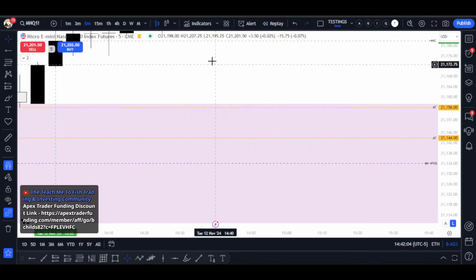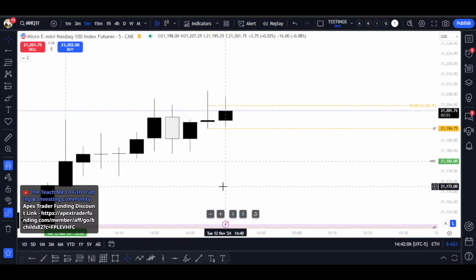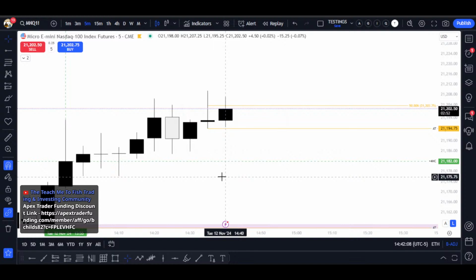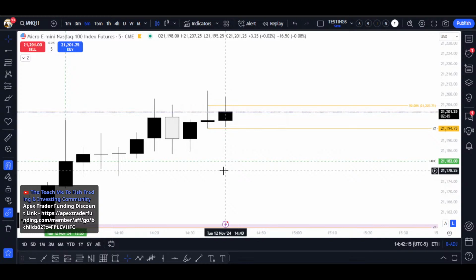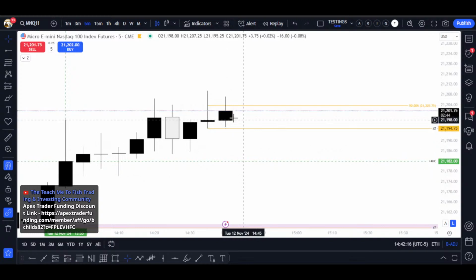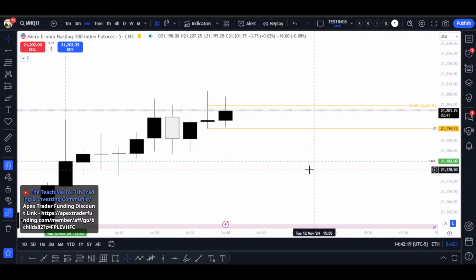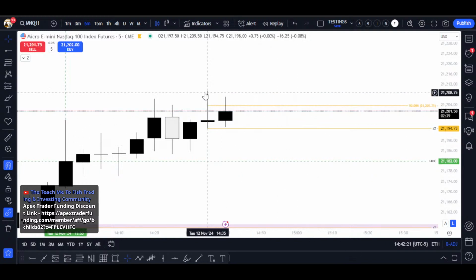Seems to be respecting it right now. These consequent encroachments of these wicks are draws on liquidity. I do consider them as algo targets as well.